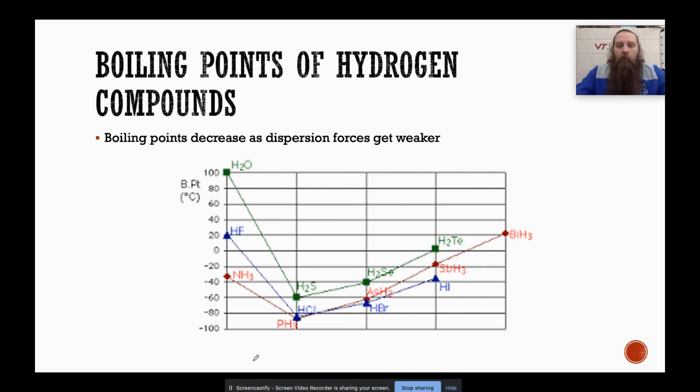There's only liquid water on Earth because of hydrogen bonding, right? This trend line, maybe not quite that low, goes down, down, down, down. We would expect it to vaporize somewhere down here in the negatives, which would obviously prevent life as we know it.